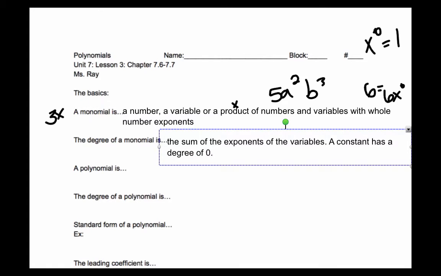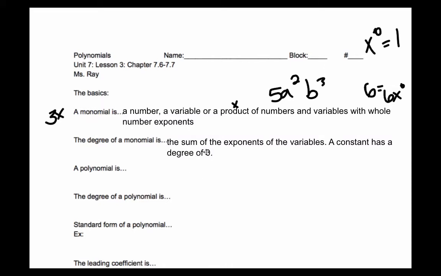That's what I just talked about. So here, the degree of this monomial is 1 because the exponent of the x is 1. This degree is 5, 3 plus 2 is 5. And this degree is 0.